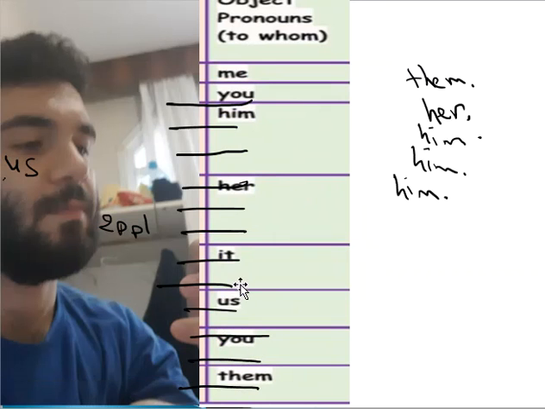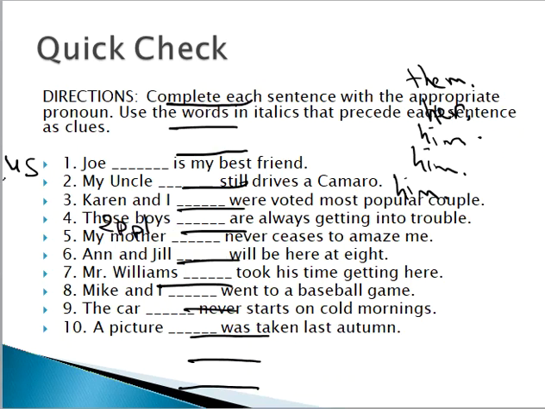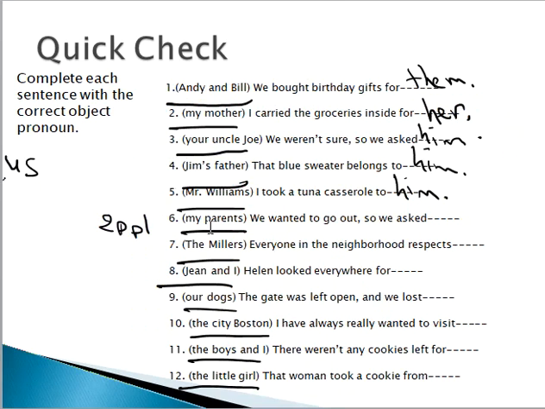So the only pronoun that has to do with me being involved with a group of people is us. I cannot use us, and I cannot use the singular pronouns as well, because we have two people involved here. My parents, two people. So what is the perfect pronoun that replaces my parents? Ask them. Excellent.